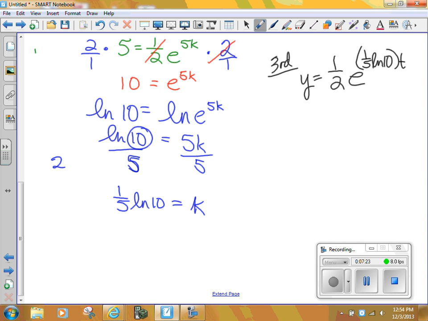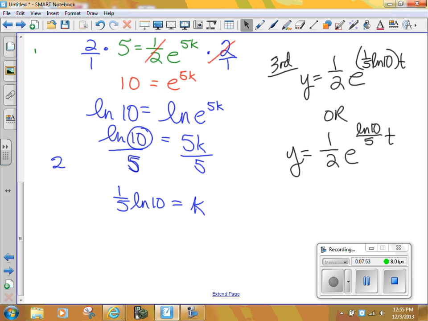Whenever you're multiplying a number by the natural log of something, that number that you're multiplying by becomes the exponent. We're done for all practical purposes with this problem. The only difference that you could have here would be if you were to go back and write k as one fraction.